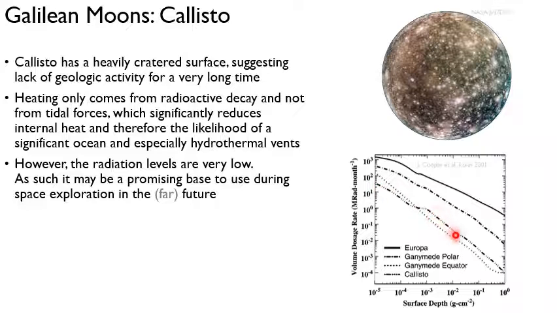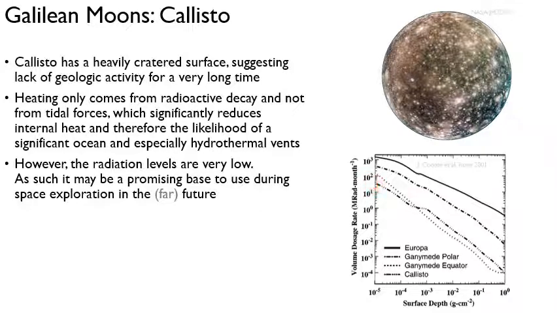It has very low radiation levels. For comparison, Ganymede depends on whether you're at the pole or the equator, and Europa is up here, with very high surface radiation levels.